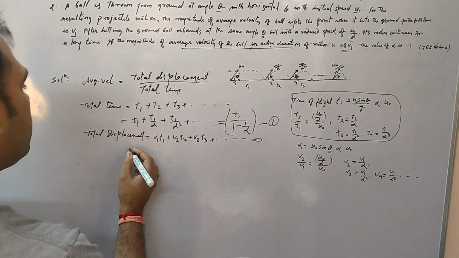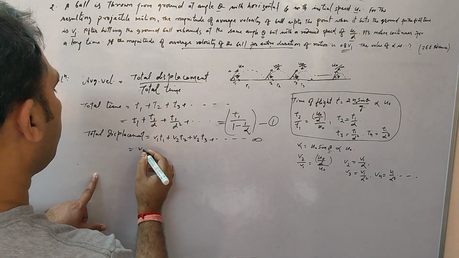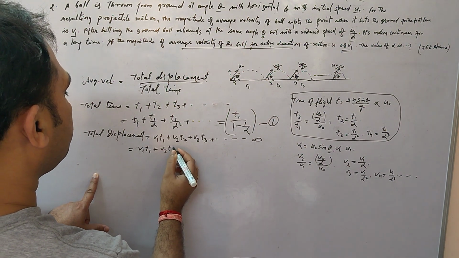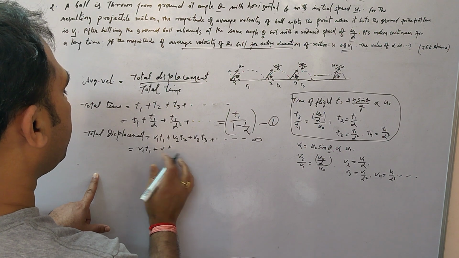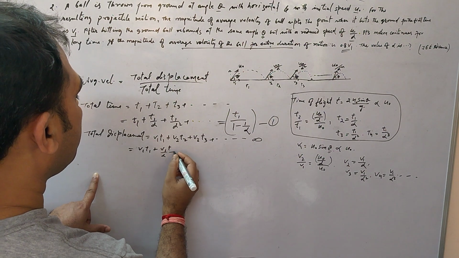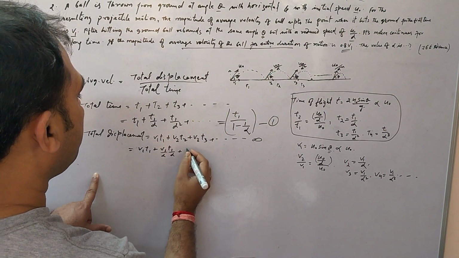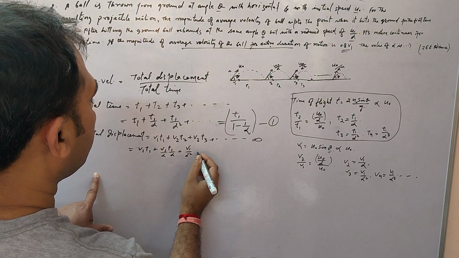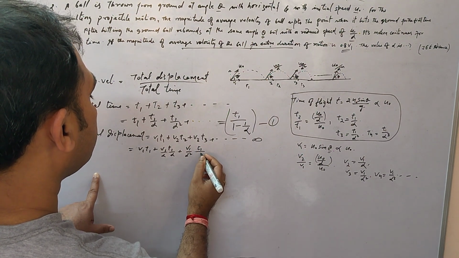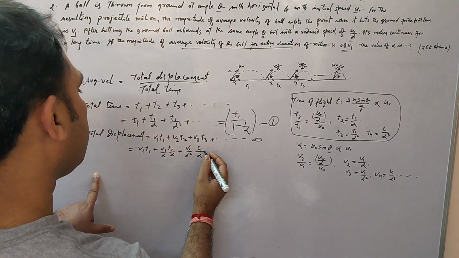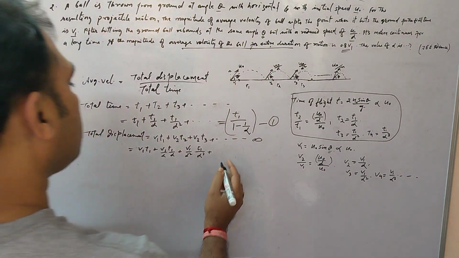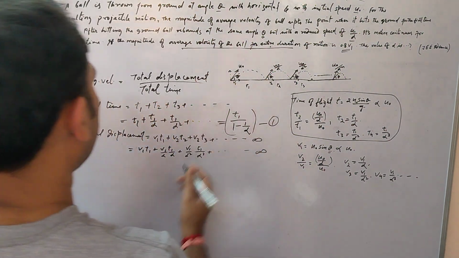So write down here V1 T1 plus V2 T2. V2 T2 will be V1 by alpha into T1 by alpha, then V1 by alpha square into T1 by alpha square, plus so on up to infinite.